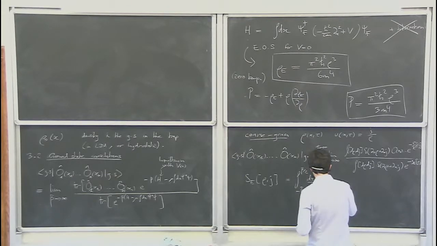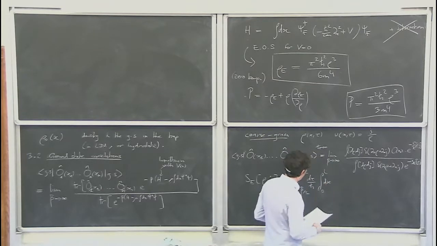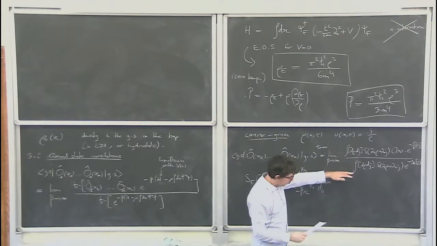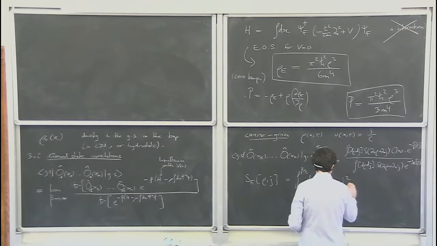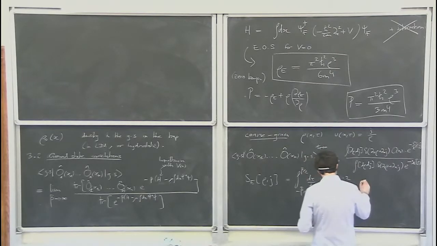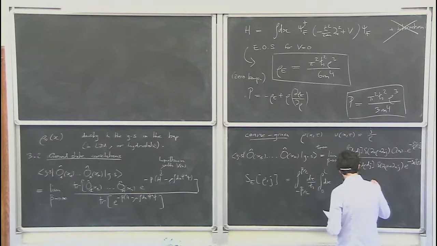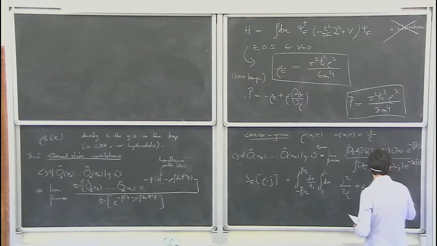And last time I just said I took a completely generic form of the action, but now I really want to use the correct one, and the correct one is this. Okay, so V of x minus mu, times rho.